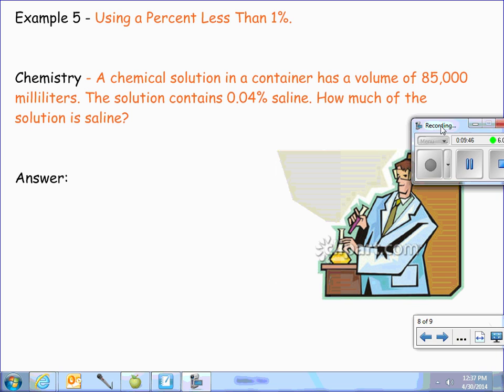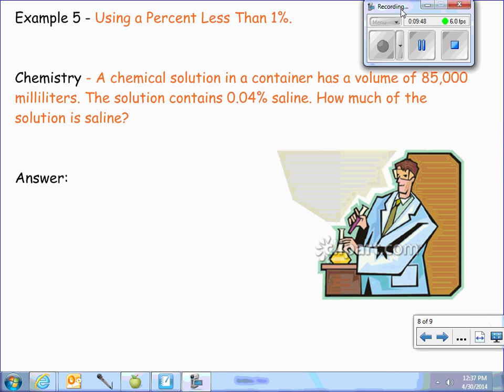Using a percent less than 1%. In chemistry, a chemical solution in a container has a volume of 85,000 milliliters. The solution contains 0.04% saline. How much of the solution is saline?